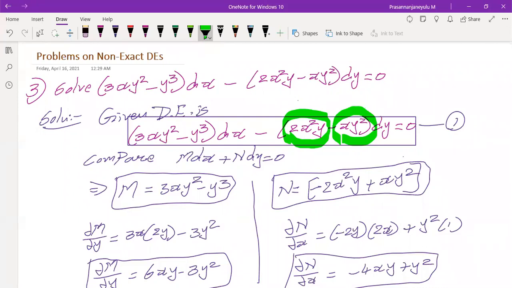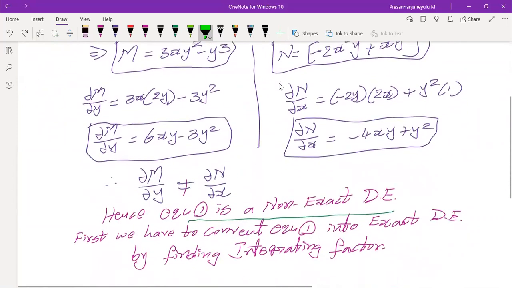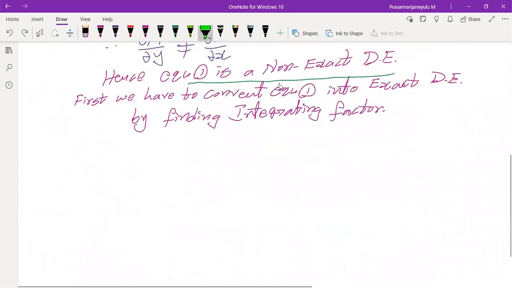Okay. So with this, we can identify that in each and every term of this differential equation, the sum of powers of x and y is the same. So with that, what can we conclude?